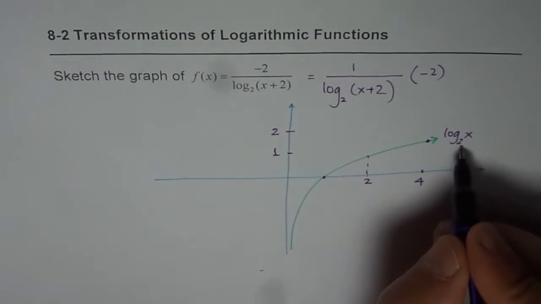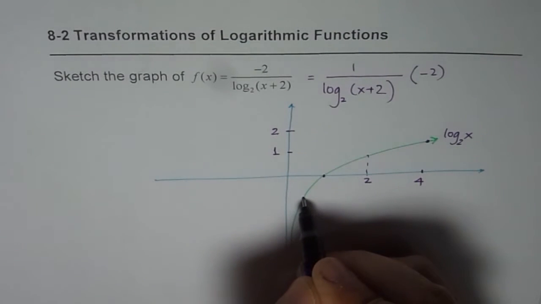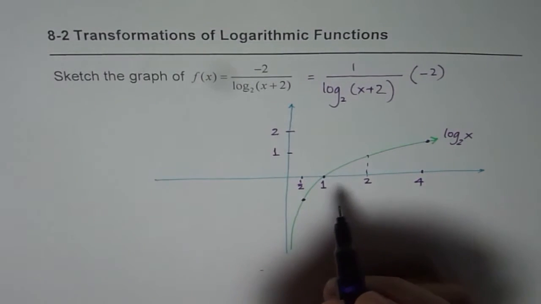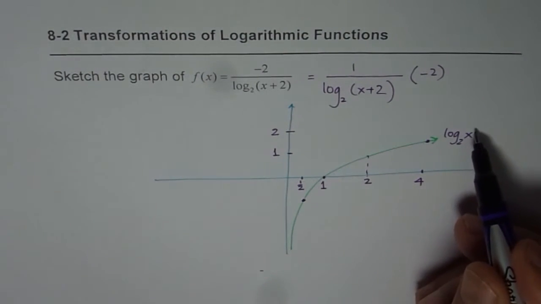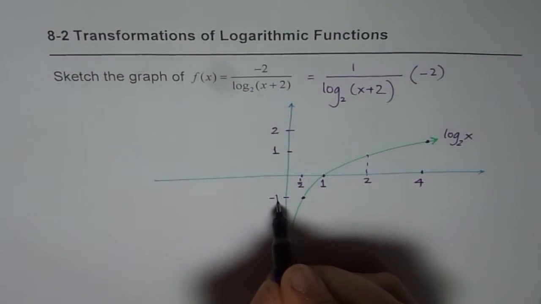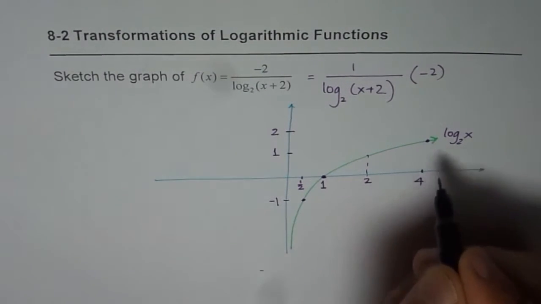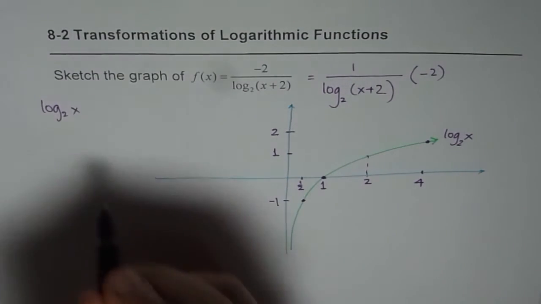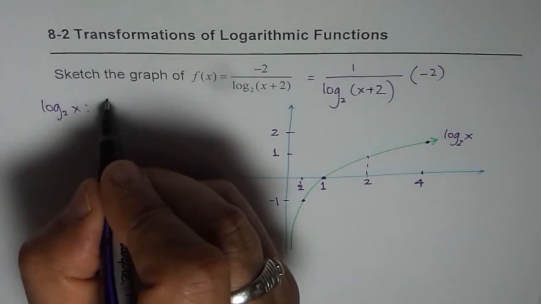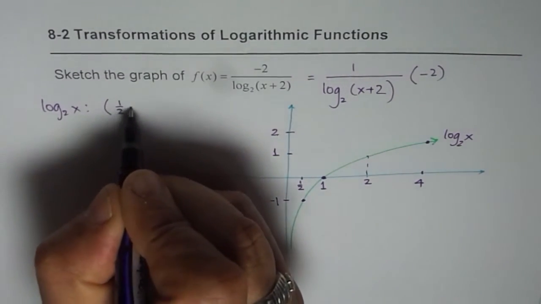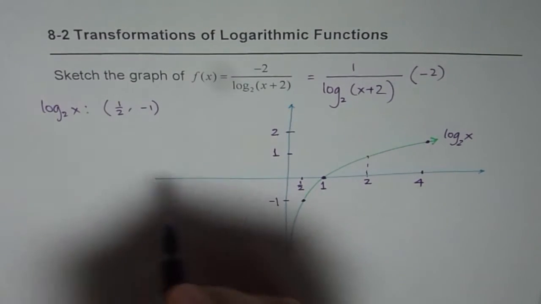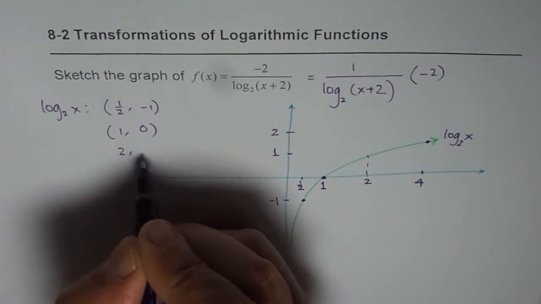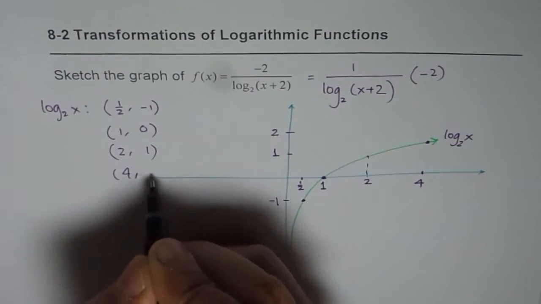This is for log to the base 2. And if I take a value which is half, I'll get minus 1 as my point. So we are working with these 3 points for log to the base 2. For log base 2 of x, at x equals half, y is minus 1; at x equals 1, y is 0; at x equals 2, y is 1; at x equals 4, y is 2.